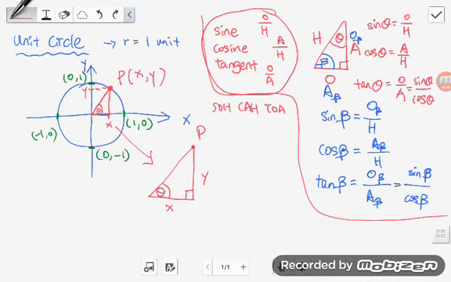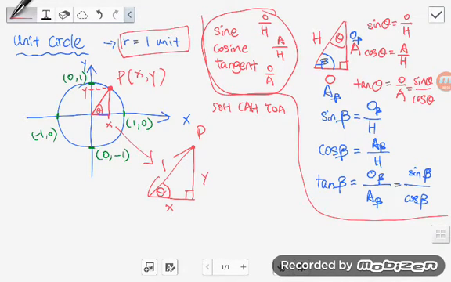Now, let me ask you, what is the length of the hypotenuse here? What is the length of this? I hope your answer is 1, right? Because this part is the radius of my unit circle, and I call it the unit circle because it has a radius of 1 unit.